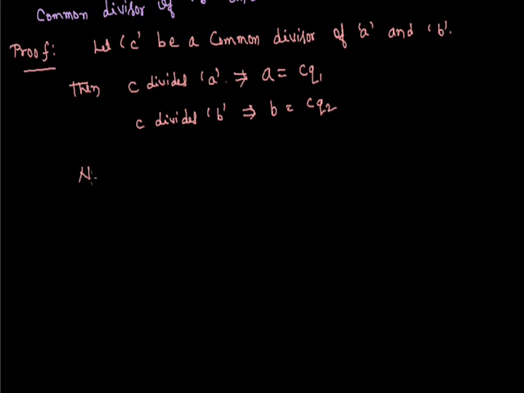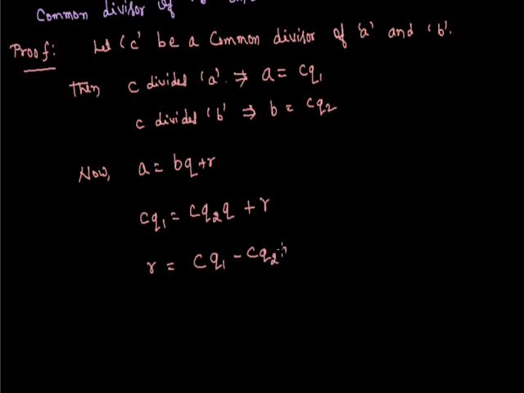Now it is given that A equal to BQ plus R. This is Euclid division lemma. So A is CQ1, B is CQ2, so CQ1 equal to CQ2Q plus R. Therefore R equal to CQ1 minus CQ2Q. Now C is common, so C times Q1 minus Q2Q.